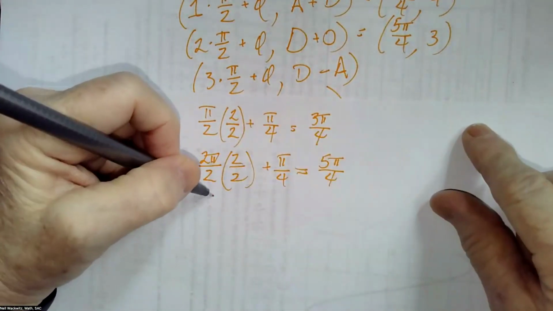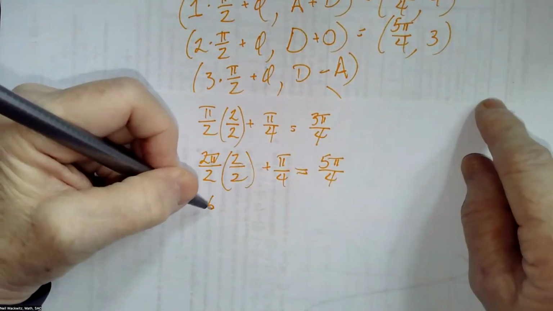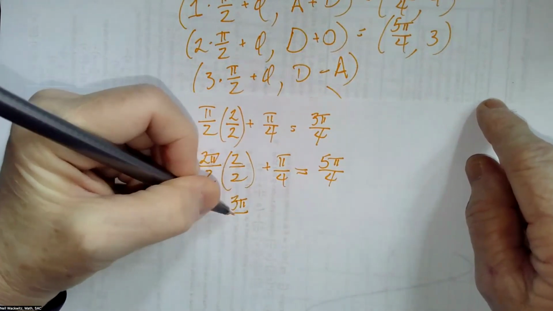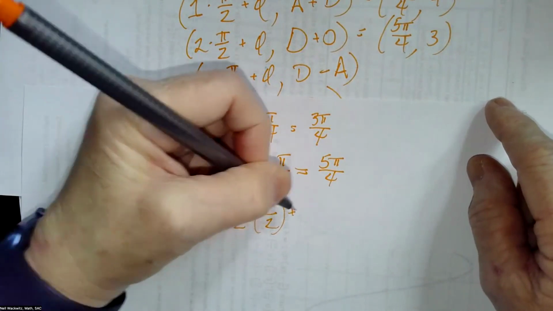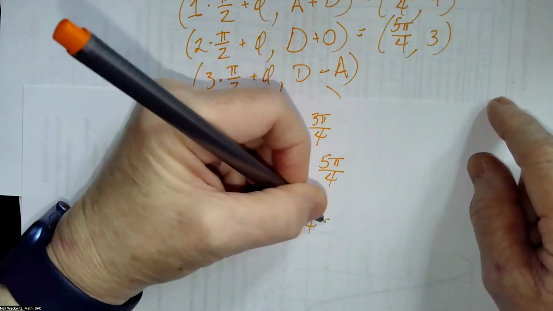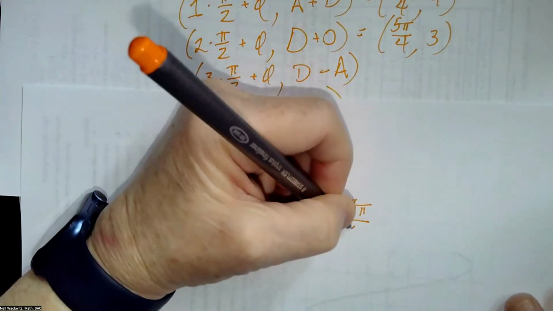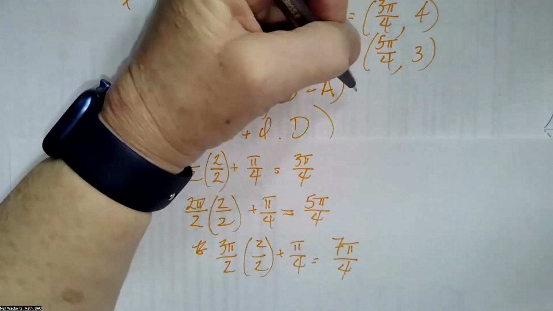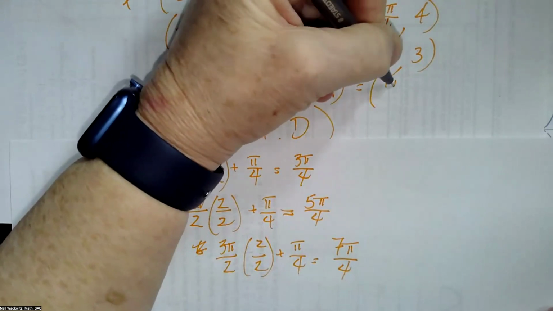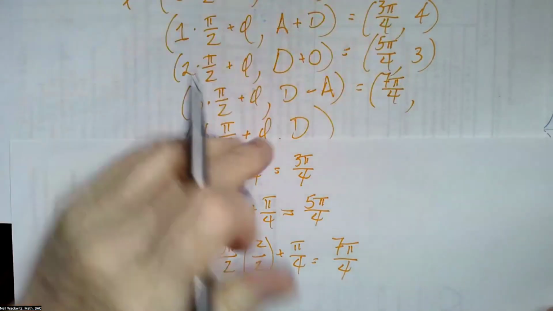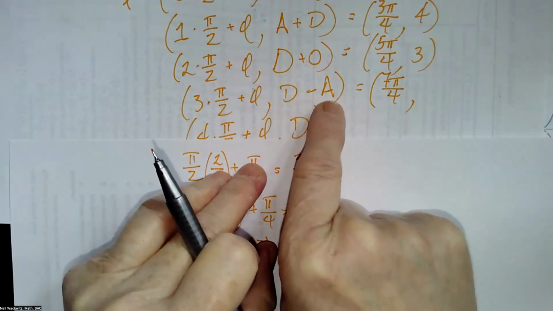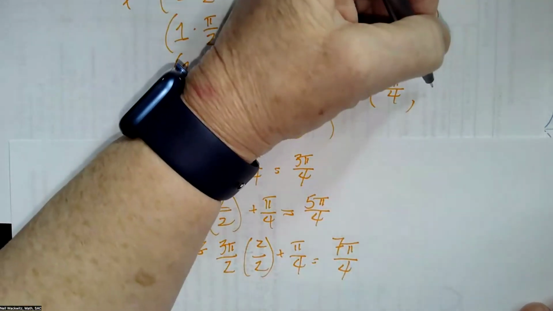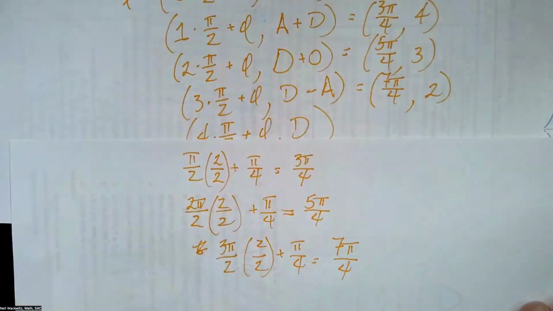And d is 3. Then we'll have 3 pi over 2 times 2 over 2 plus pi over 4, and that's 7 pi over 4. D is 3, 3 minus 1 is 2.